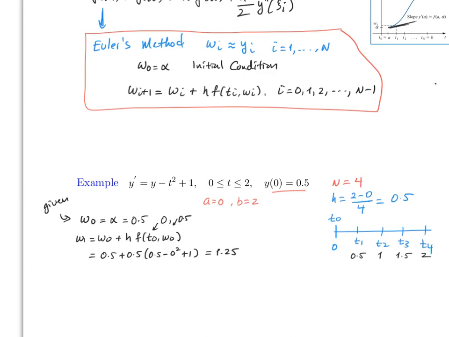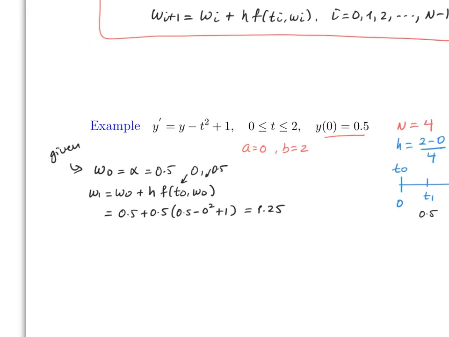If we continue the same way, then now W2 is going to be equal to W1 plus 0.5 times W1 minus 0.5 squared plus 1. And once you plug everything in and simplify, and you should check this, you should end up with 2.25.